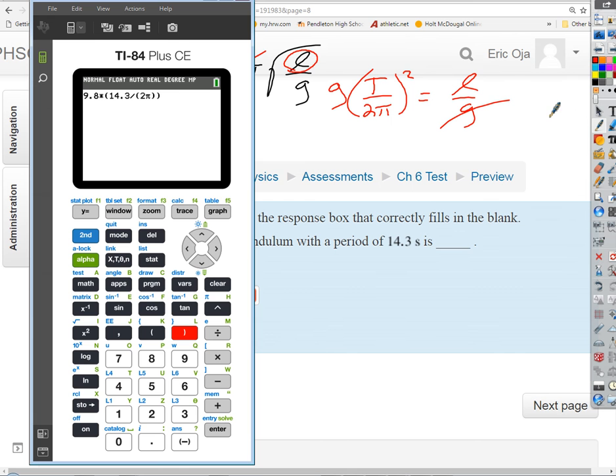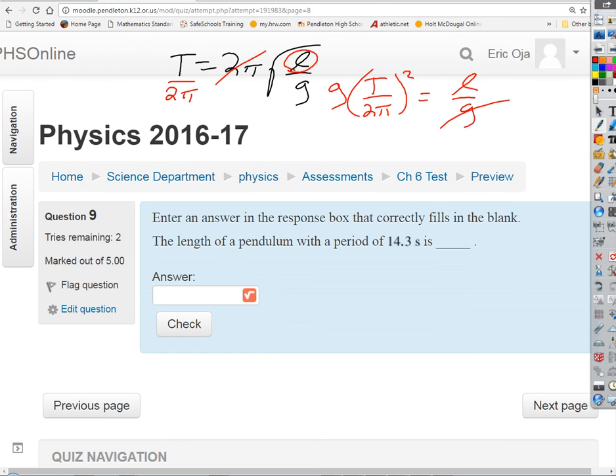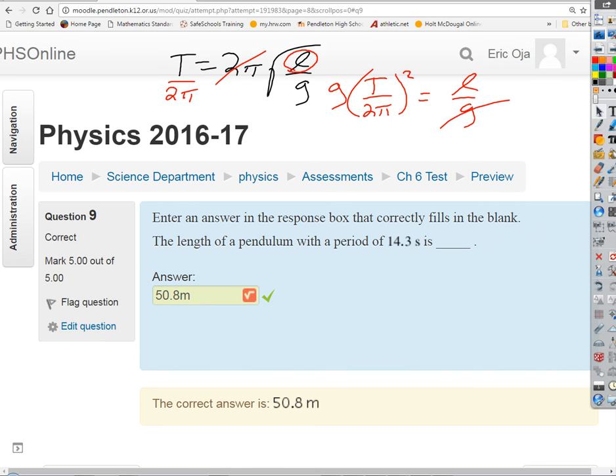Now you can. Does that make sense? Yeah. Okay, squared. So the answer is 50.8 meters. Okay.